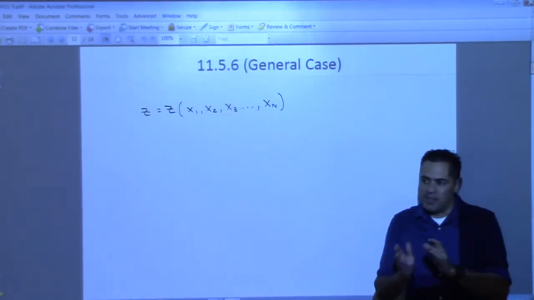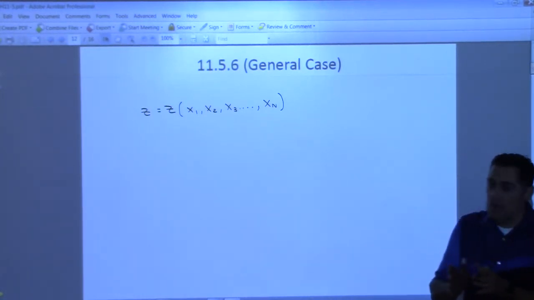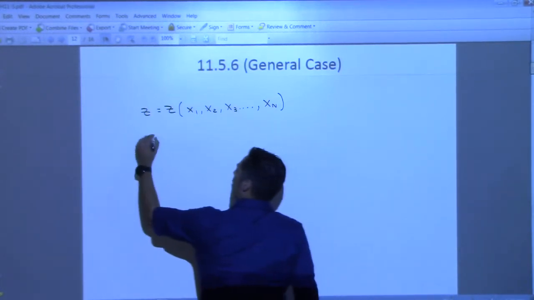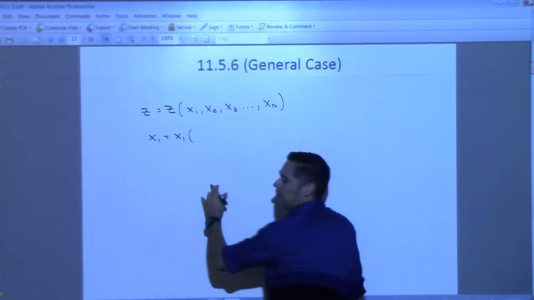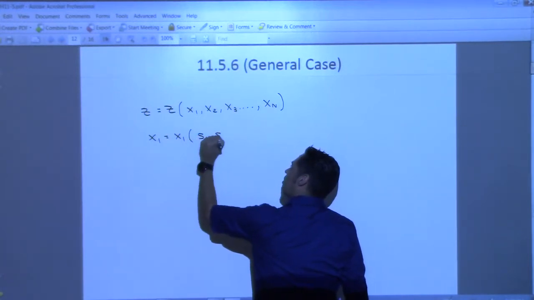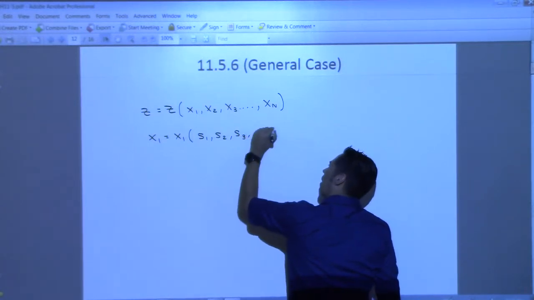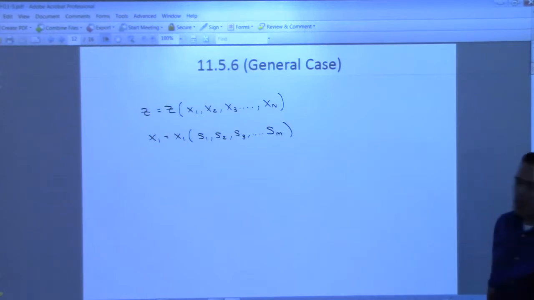So instead of using x and y, I could have a lot of them, so I'm going to start using subscripts. Let's say that x1 is a function of s1, s2, s3, right, sm variables.